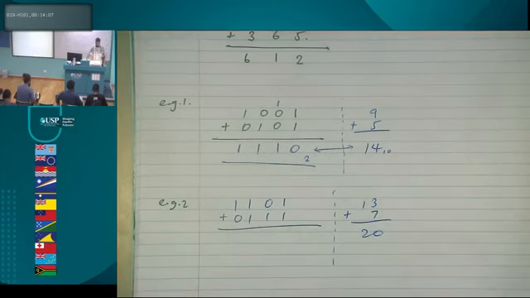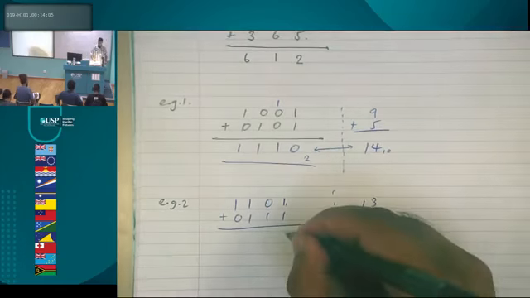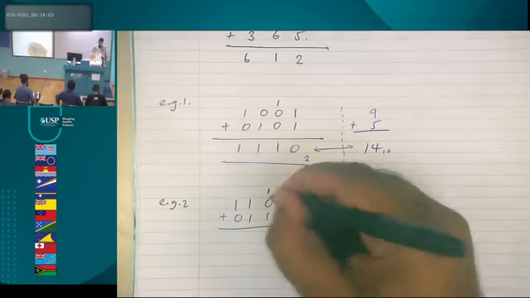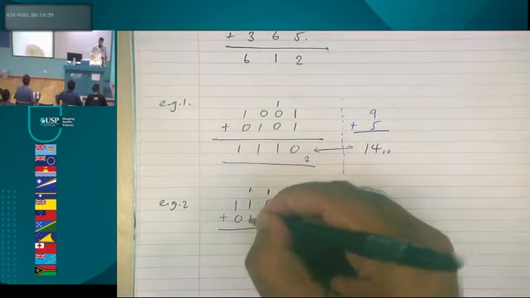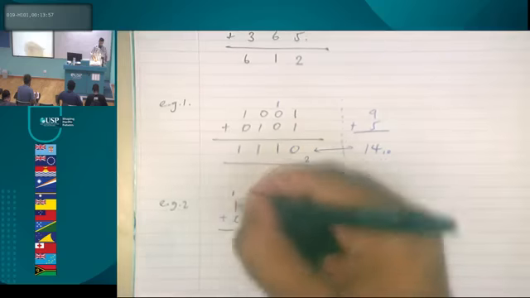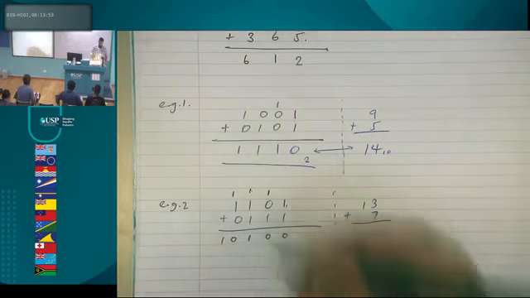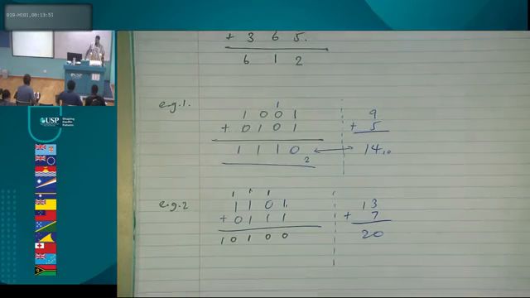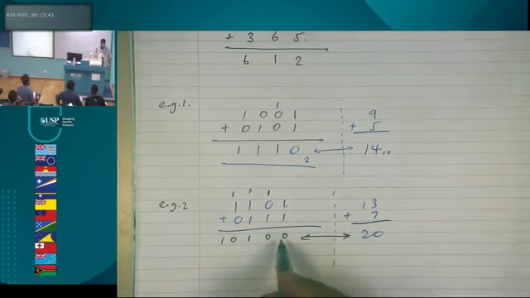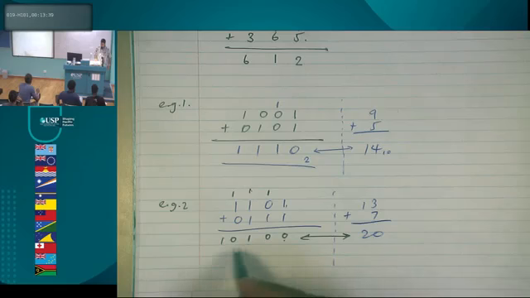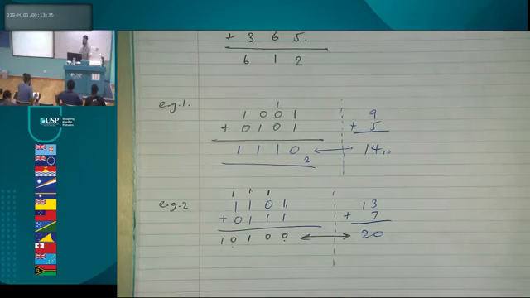Let's do this in binary now. 1 plus 1 is 1 0. Put a 0, carry 1. 1 plus 1 is 1 0. Put a 0, carry 1. 1 plus 1 is 1 0, plus another 1 is 1 1. Put 1, carry 1. 1 plus 1 is 1 0. So we eventually end up with 10100. If you now do a direct conversion, that's 1, 2, 4, 8, 16. 4 plus 16 is 20. Yes, that works out to be correct.